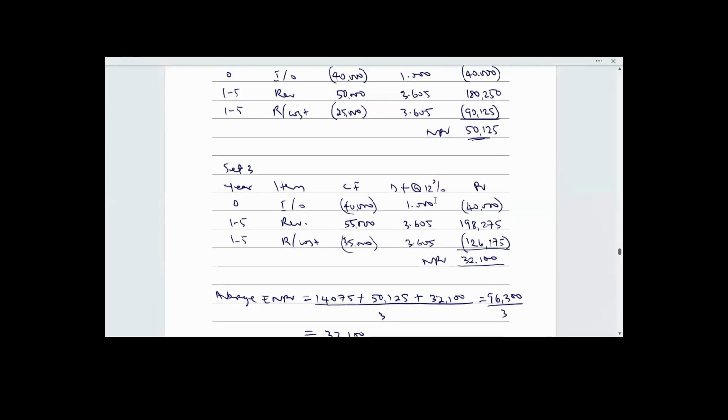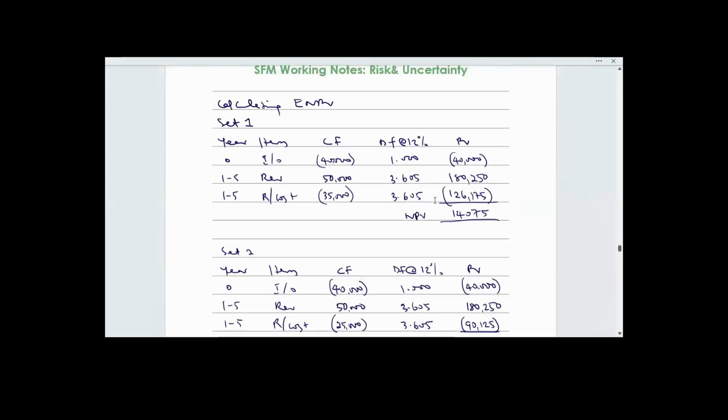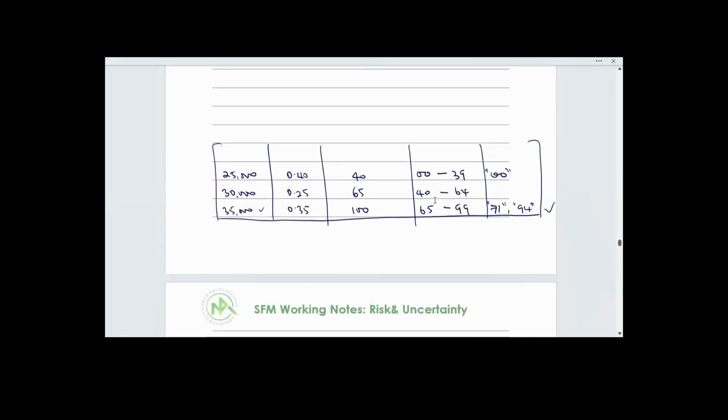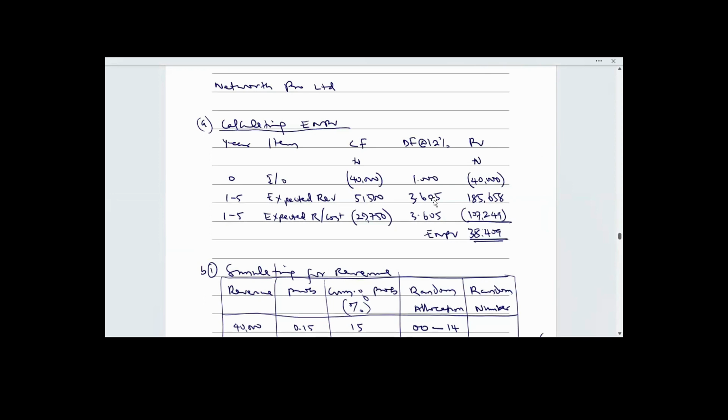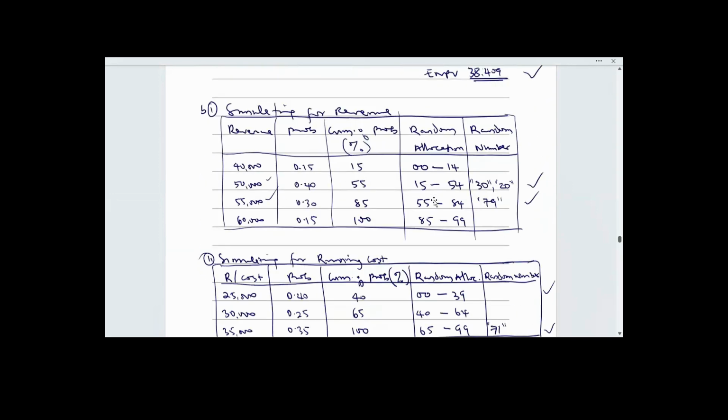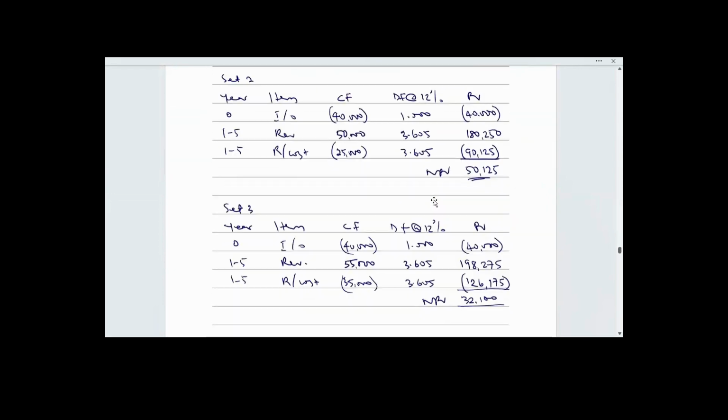In the A part, the expected NPV we computed was 38,408 naira, whereas in the B, the expected NPV was 32,100. Why are they not the same? That's what the examiner is asking you.